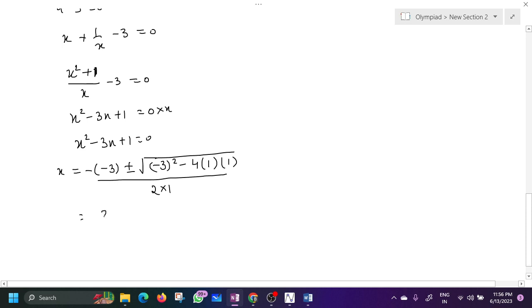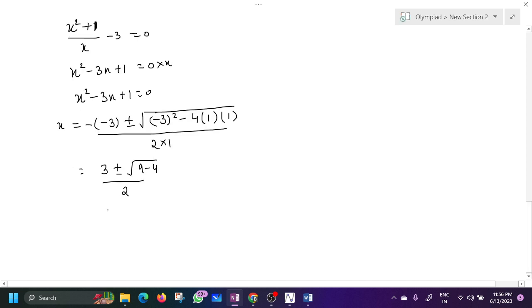So here you are getting 3 plus minus square root of 9 minus 4 by 2, or you can say simply 3 plus minus root 5 over 2.